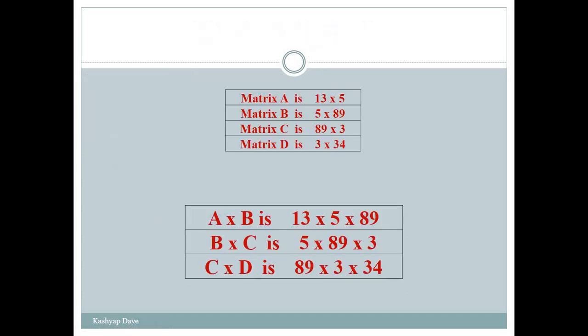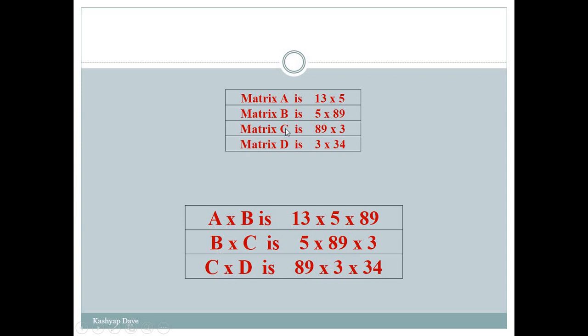Now we are going to learn, if we have matrix A of 13 cross 5, matrix B of 5 cross 89, matrix C of 89 cross 3, and matrix D of 3 cross 34. If we want to find A cross B, the total multiplications will be 13 into 5 into 89.